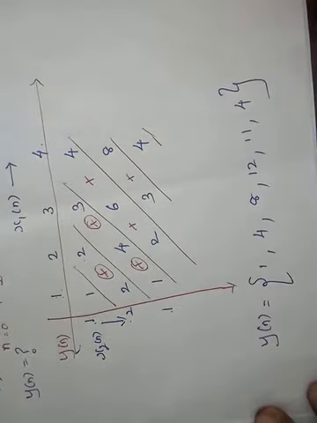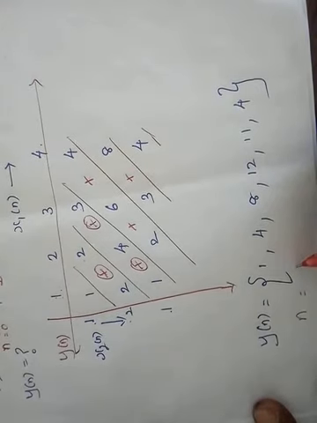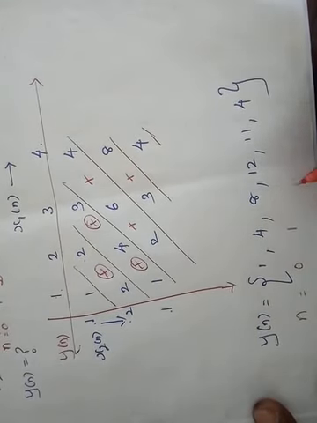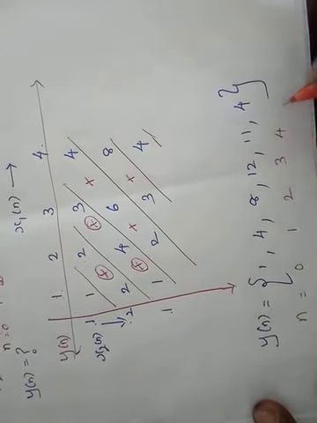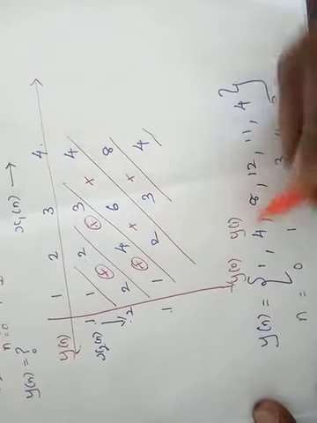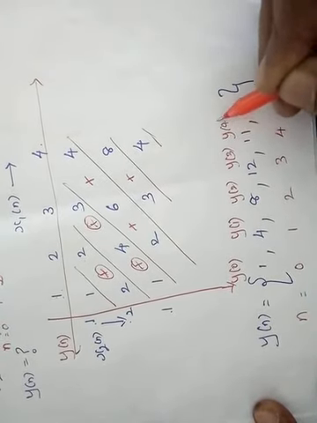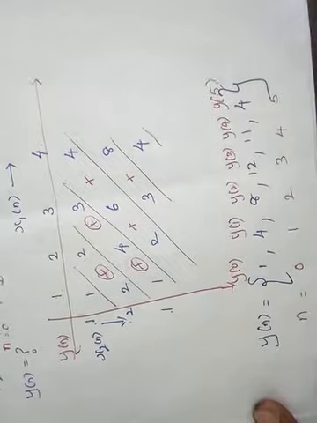So this is the y of n output for n equal to 0, 1, 2, 3, 4 and 5. That is y of 0, y of 1, y of 2, y of 3, y of 4 and y of 5.